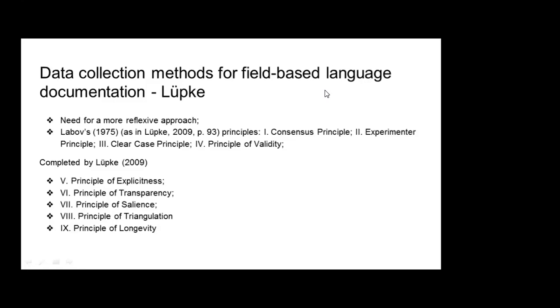So it's not that when you want to investigate a particular language, you just choose whatever method you like, but you should also explain that data collection tool in your paper and justify the choice.